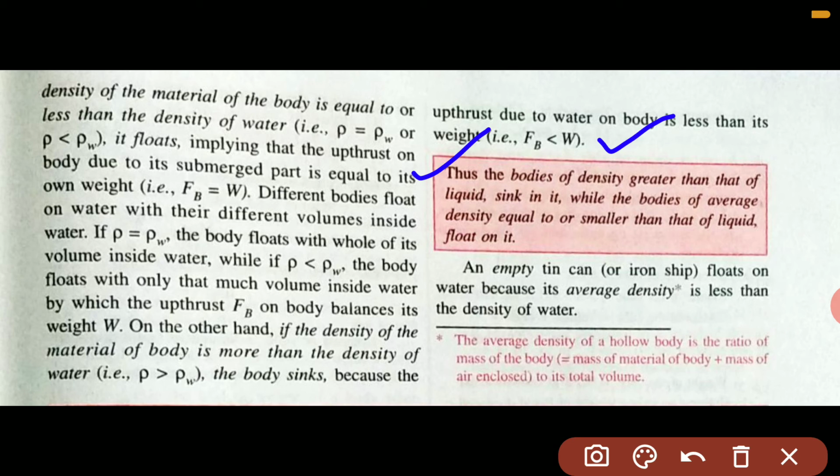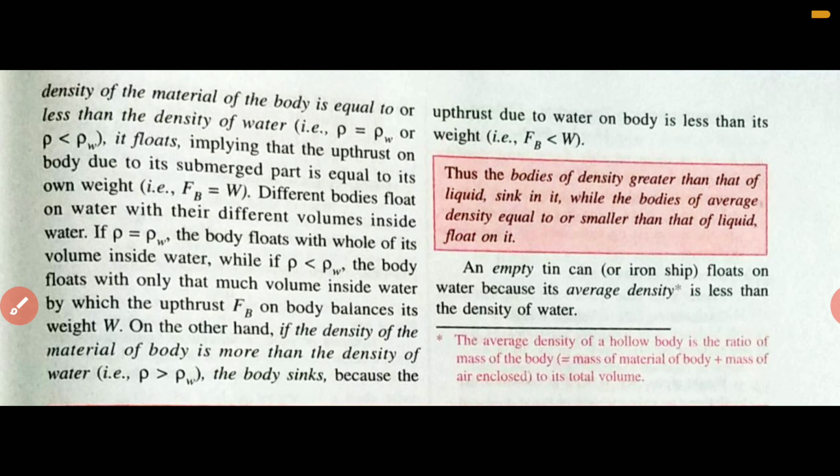An empty tin can or iron ship floats on water because the average density is less than the density of water. Here, the average density of a hollow body is the ratio of the mass of the body, which equals the mass of the material of the body plus the mass of the enclosed air inside it, to its total volume.